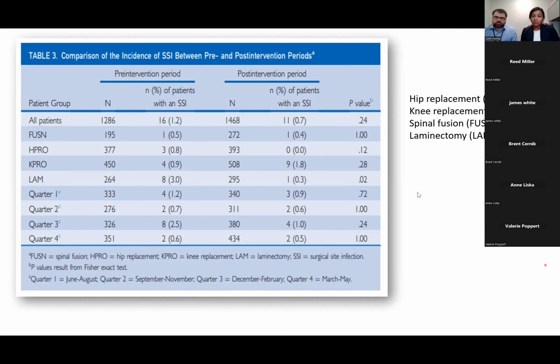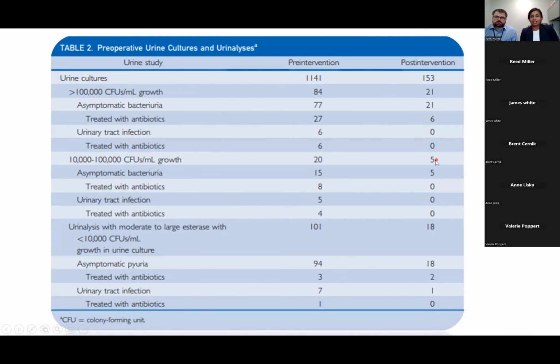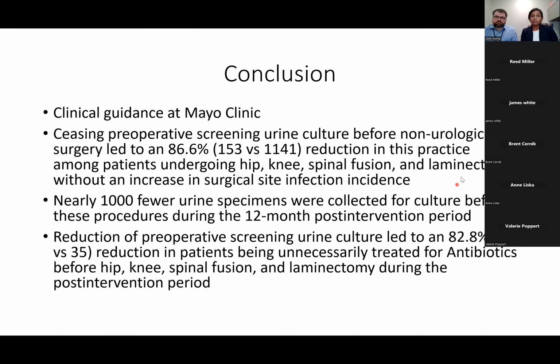So what Mayo Clinic decided, their conclusion is that ceasing pre-operative screening urine culture before non-urological surgery led to an 86.6% reduction in practice among patients undergoing hip, knee, spinal, lumpectomy without an increase in surgical site infection.